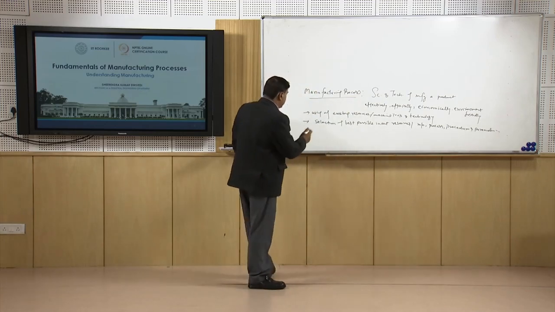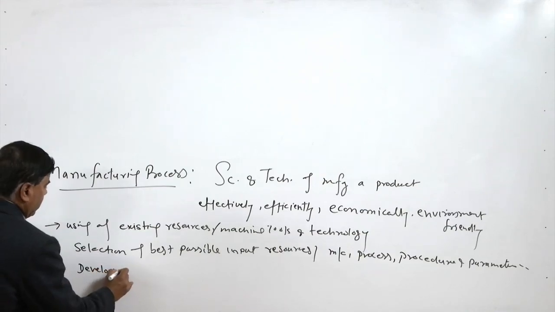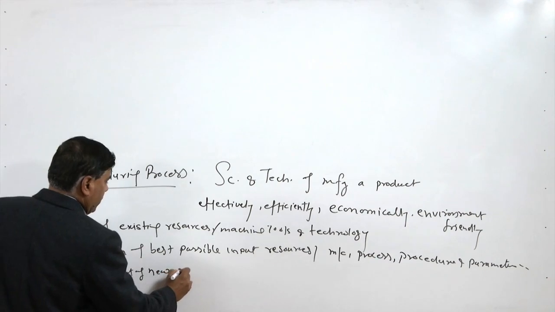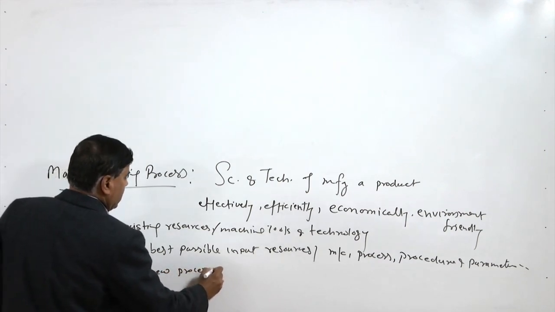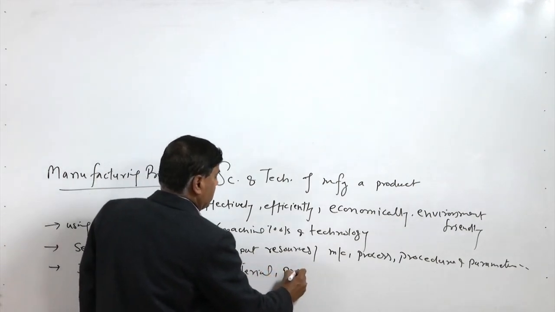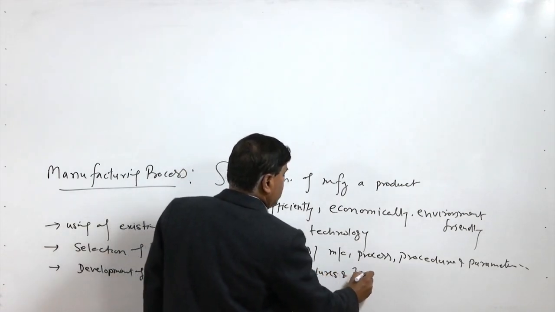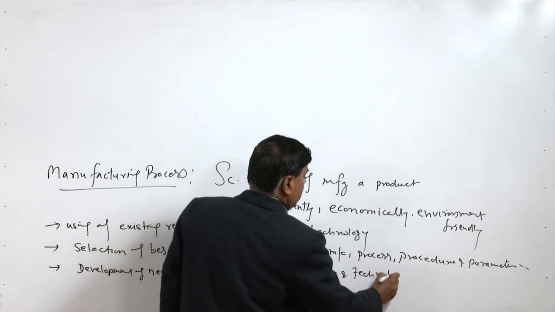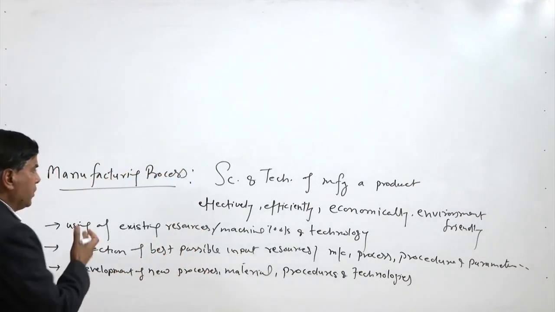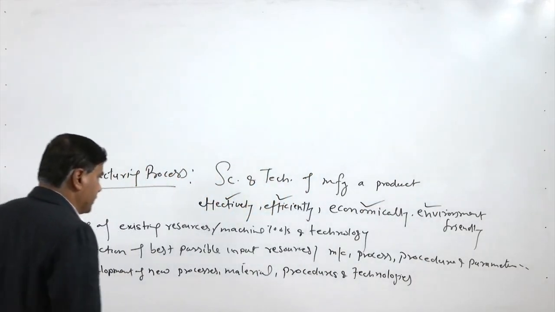economically and environment friendly, like the development of the new processes, materials, procedures and technologies, so that this objective of manufacturing a product using these 4 attributes can be achieved.